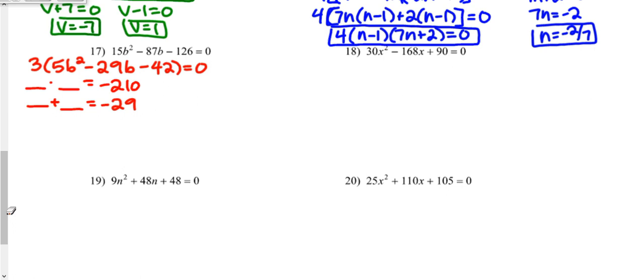I'm just working on some different numbers. Okay, so I think negative 35 and 6 would work.